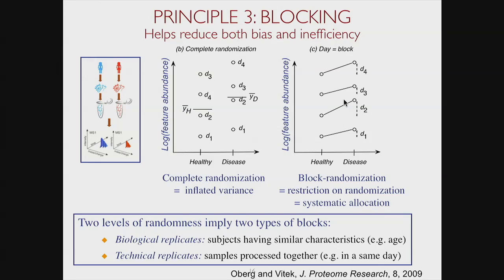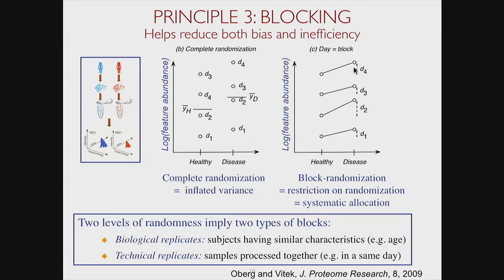So now what we can do is, well, first of all, we see, okay, we have a lot of day-to-day variation, clearly, right? But within 1 day, we see that we have a systematic change that points in the same direction. So we can look at the differences between healthy and disease on this day, on this day, on this and on this, and now study these differences. And in this case, they're all positive.